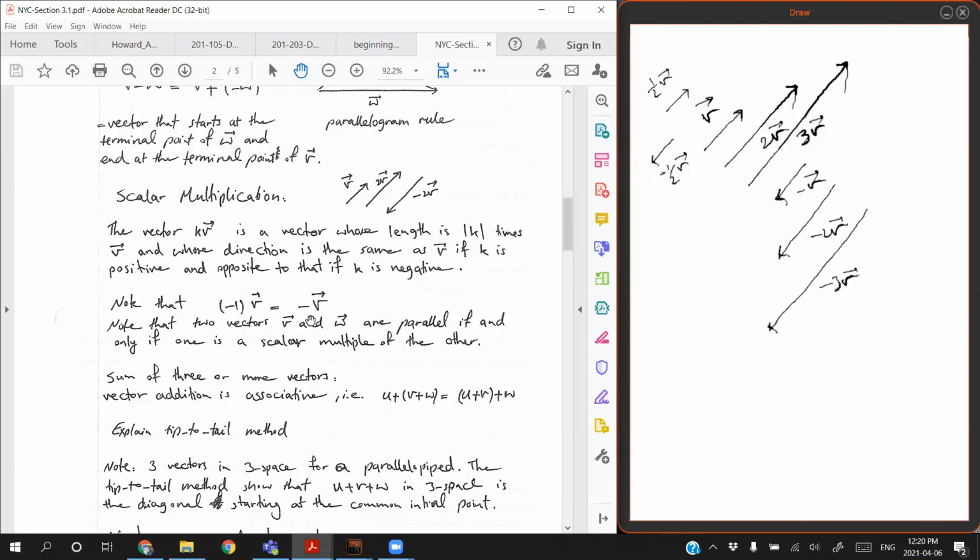And you can also see that the negative v, the negative vector that we just defined, is going to be the same as multiplying minus 1 and v. So they're going to be the same thing. If you multiply minus 1 and v, you're going to get minus v. That's going to be a vector of the same length as v, opposite direction.